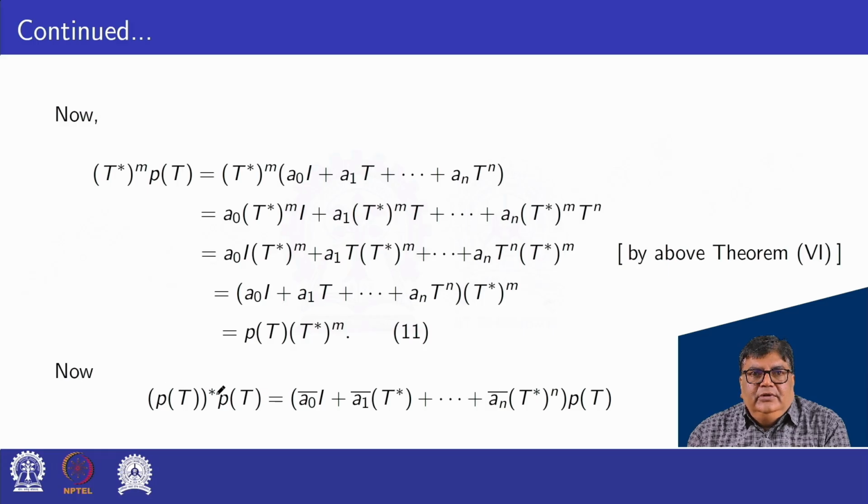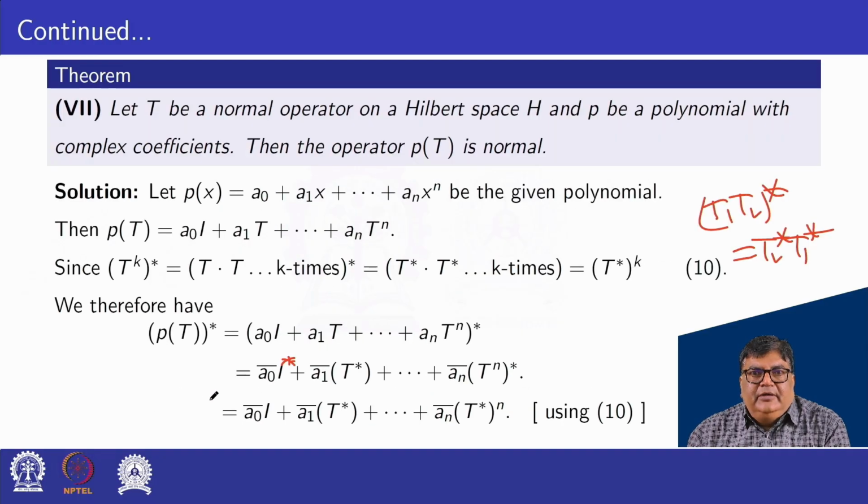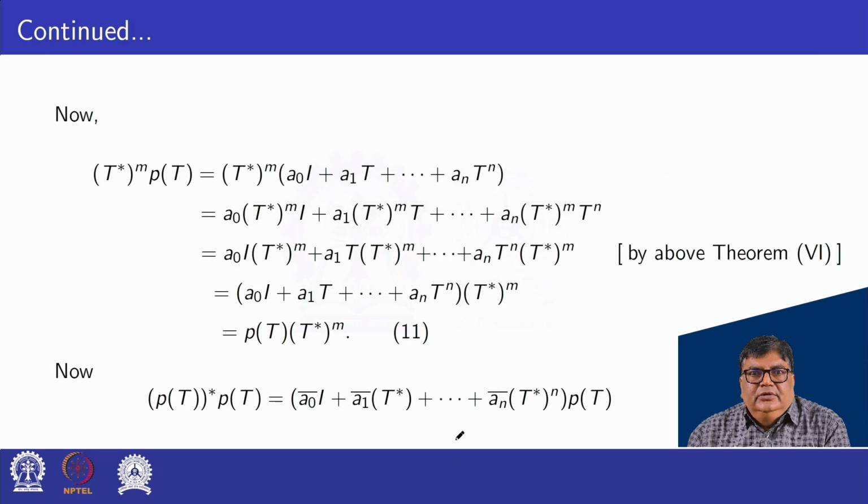Now here star of P(T) into P(T). Okay, so putting the value of star of P(T) from this, we can write this as a0 bar I plus a1 bar T star plus and so on an bar nth power of T star into P(T). Okay.